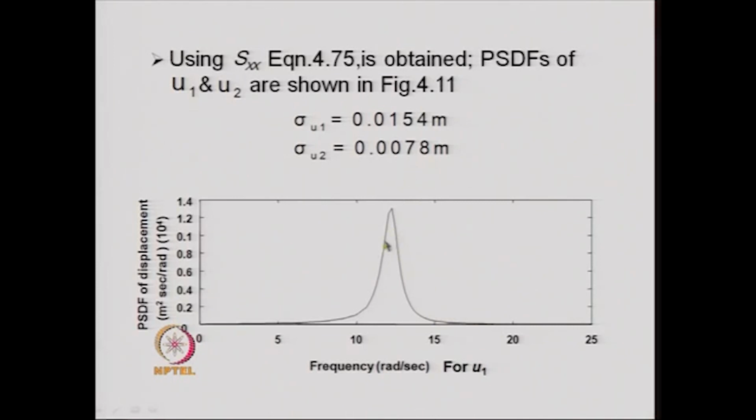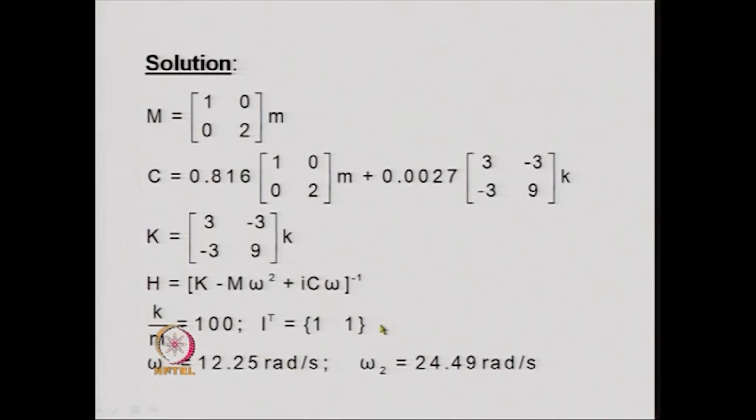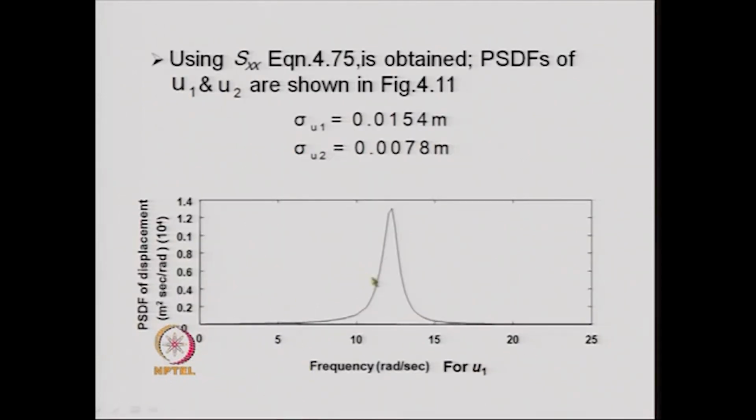One can see that it is peaking at about 12.5, and the first frequency of the system is 12.25. So, the peak of the power spectral density function of displacement u1 is around that frequency.